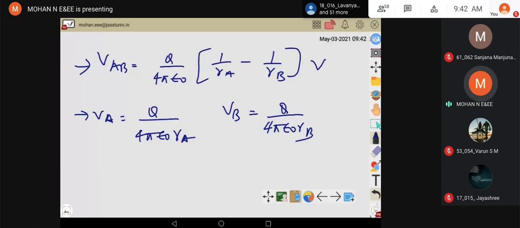Again, it is work done in moving a unit charge from infinity to point B. So your VAB is equal to VA minus VB. So this is what we have discussed.